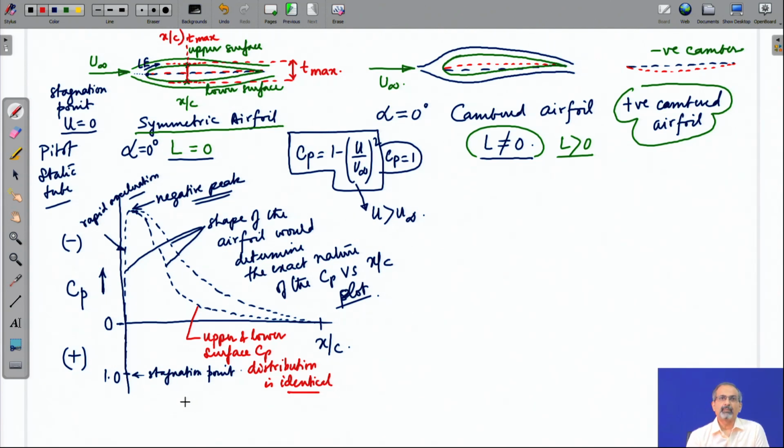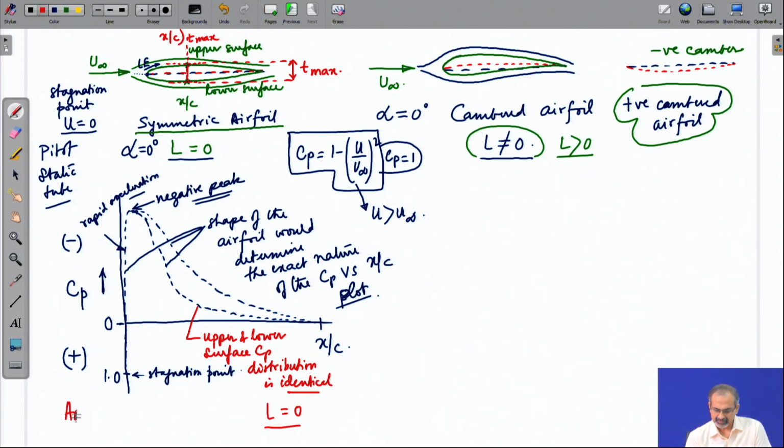Now, if you were having a gap between them and then you had an enclosed area between them which could be integrated along the x by c direction, that would have given you the effect of lift coming from the pressure difference between the upper and lower surface. You would have a positive lift if there is a lower pressure on upper side and higher pressure below, but that is not happening here, and therefore, lift will be 0.